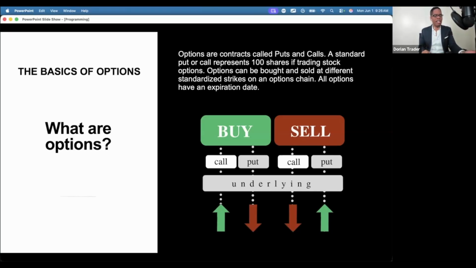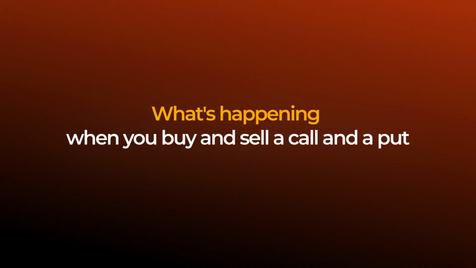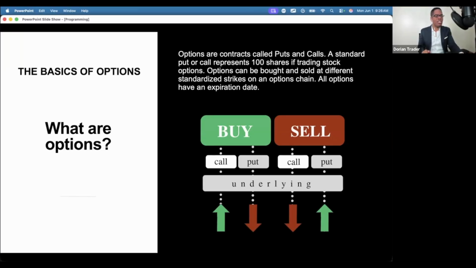What I want you to understand first is what's happening when you buy and sell a call and a put. Here at Dorian Trader, we say you should memorize this image that you see on your screen right now. I hate memorization type of work, but until you get this down, until you get it in your long-term memory, you should memorize this.